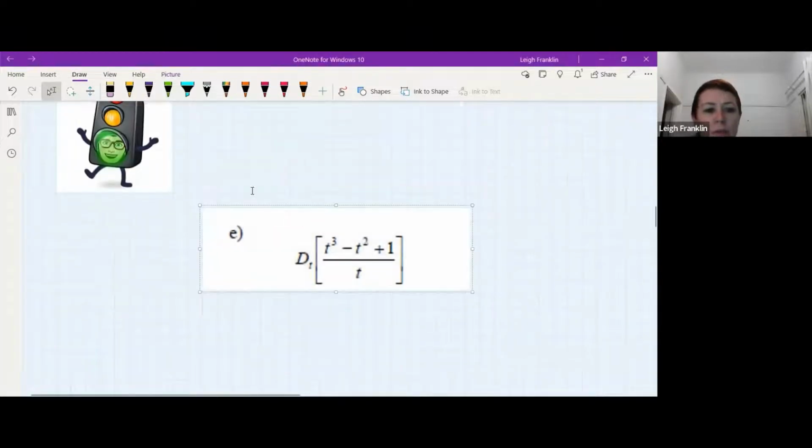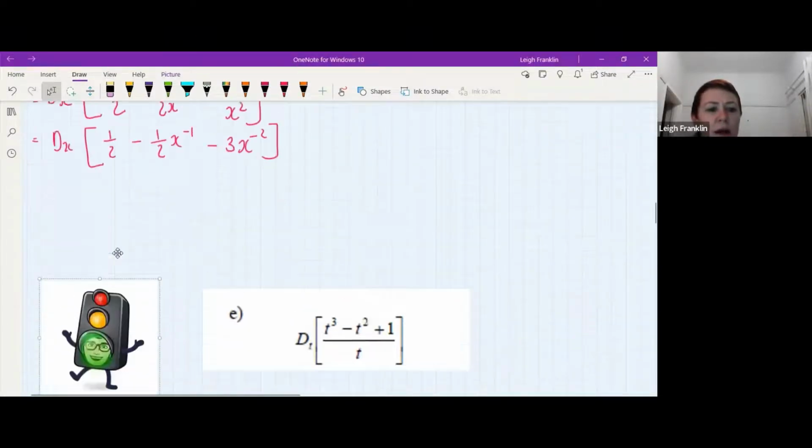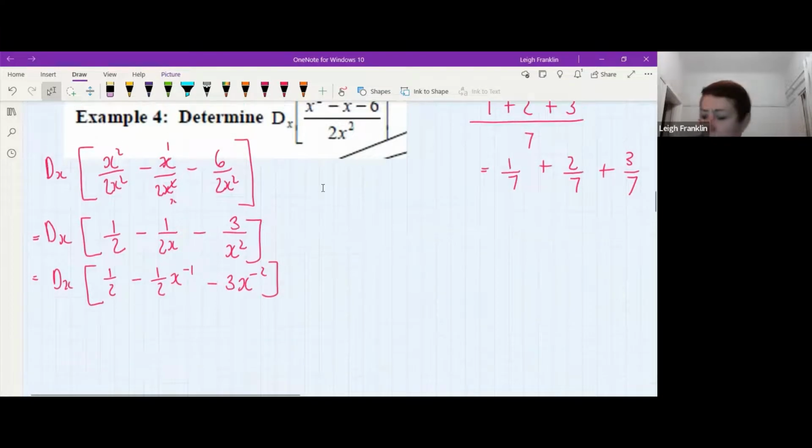Okay, let me just move this one down because that's for you guys to try. All right, now, am I ready to differentiate? Yes, each term is written with sign, coefficient, and variable in the numerator with my exponent. I indicate that I am deriving by dropping the dx and the square bracket. The first term is going to become 0.